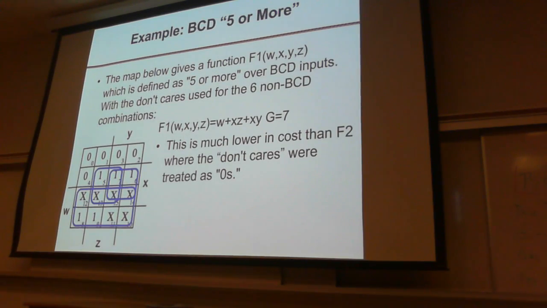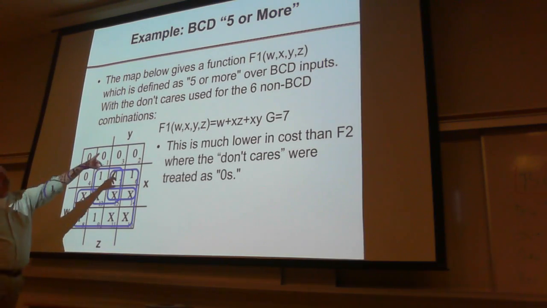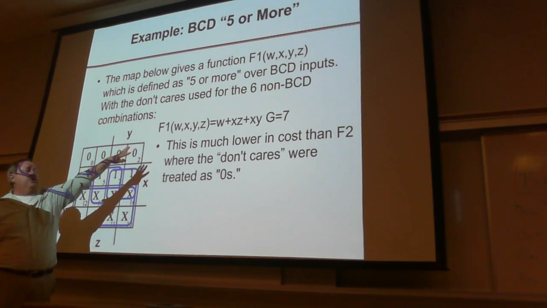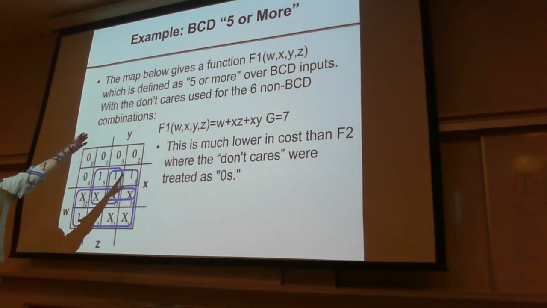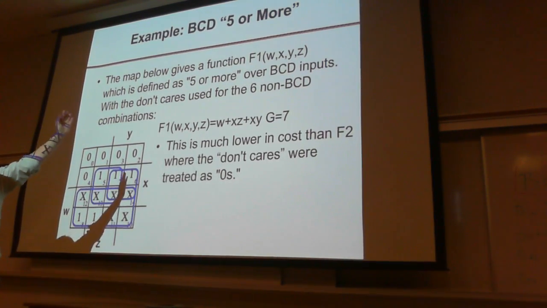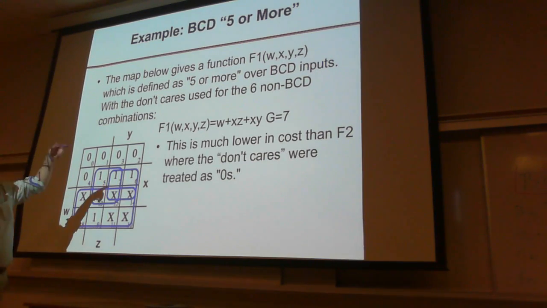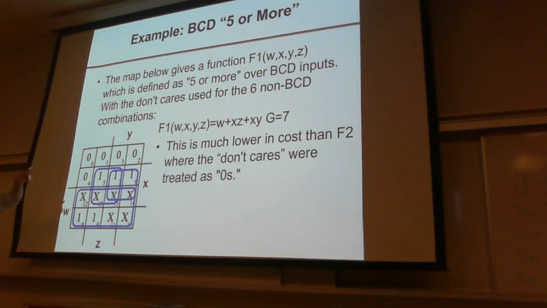So if I have a function, in this case here, a function 1, 4 inputs, 4 bits, W, X, Y, Z, and it's given as W or XZ or XY, okay? What I can do there is say, oh, what are my outputs for this? This particular function will generate values larger than 4, okay?